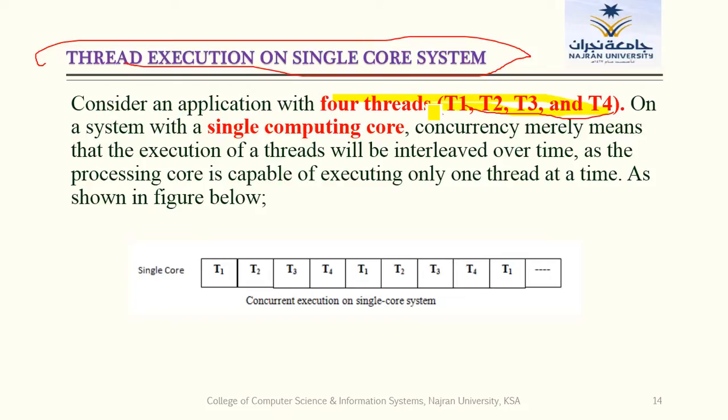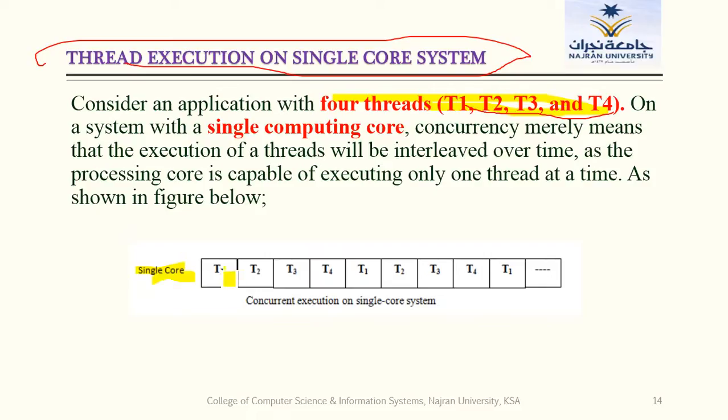On a system with a single computing core, concurrency merely means that the execution of the threads will be interleaved over time, as the processing core is capable of executing only one thread at a time, as shown in the figure. Because we have only one core, one processor, we have to execute all these threads. So how will it execute?